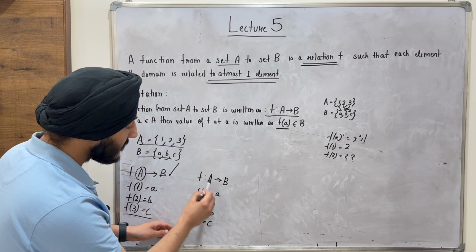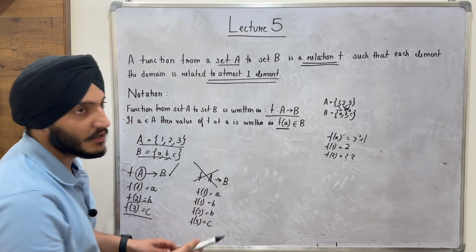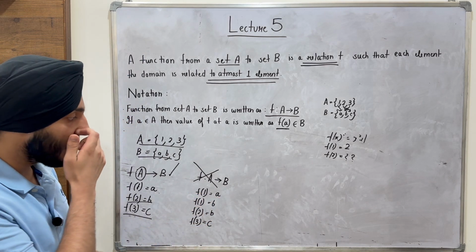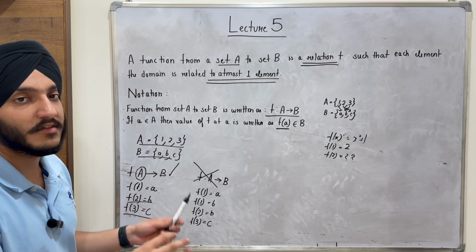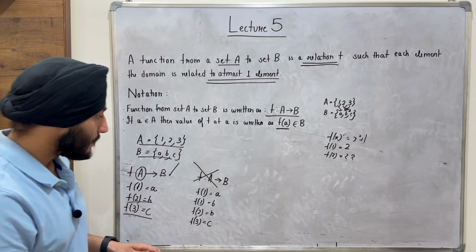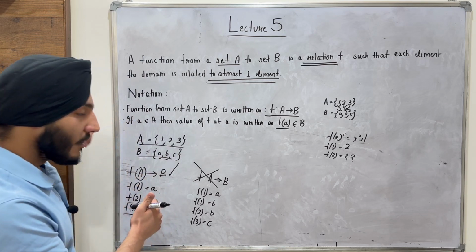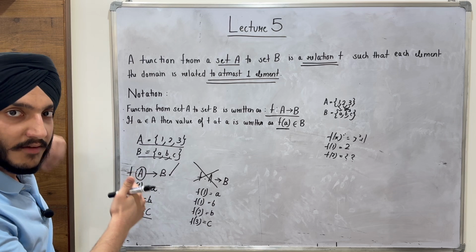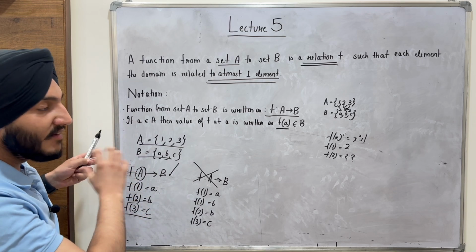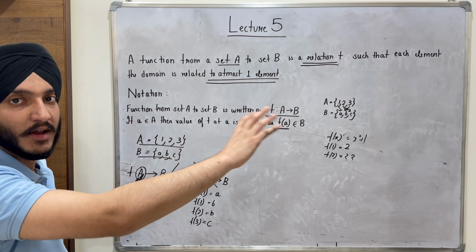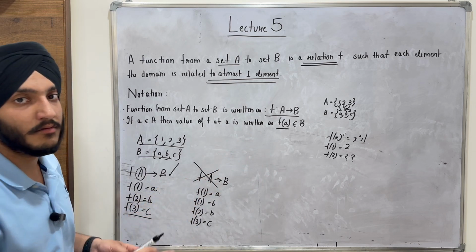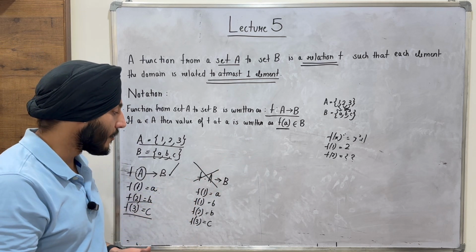If there's something like this, then this would not be a function. It's very important to understand this point. So if you look at a function and you figure out that any value from the set on the left hand side has multiple resulting values when we put it into the function, then it's not a function, right? So just a quick summary about it.